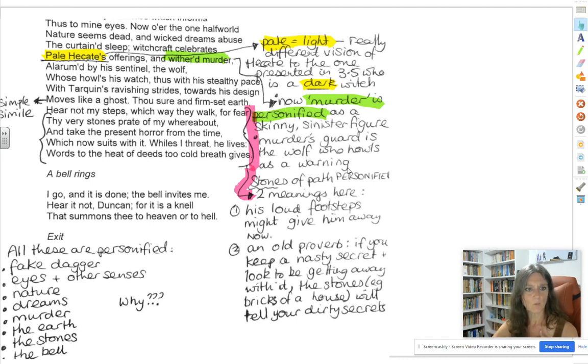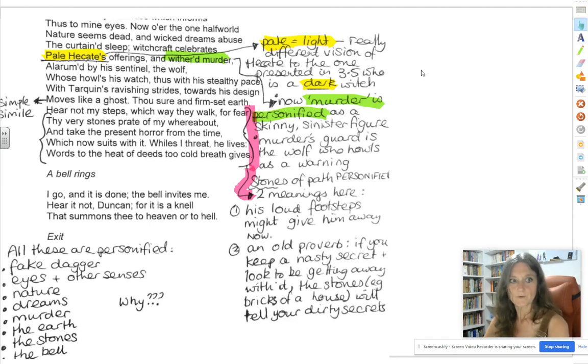So why has Shakespeare, or Macbeth rather, personified murder? Although he is now using the word murder, he doesn't seem able to face up to the fact that he, Macbeth himself, is the agent of murder. It's almost as if this idea of withered murder, when you personify it, becomes something which is abstract. It's something which is out of himself.